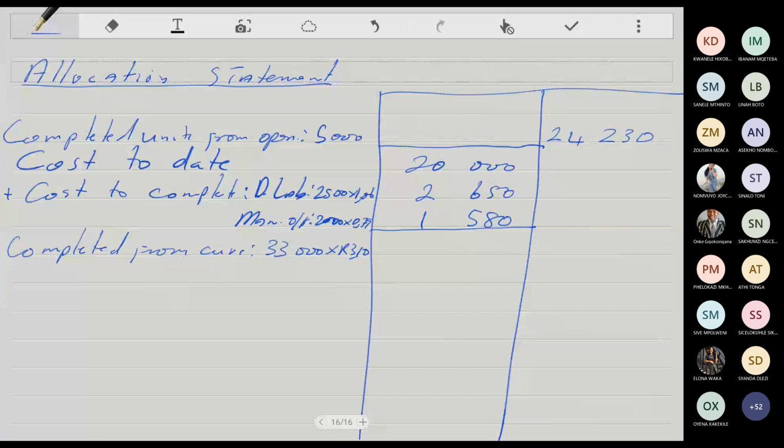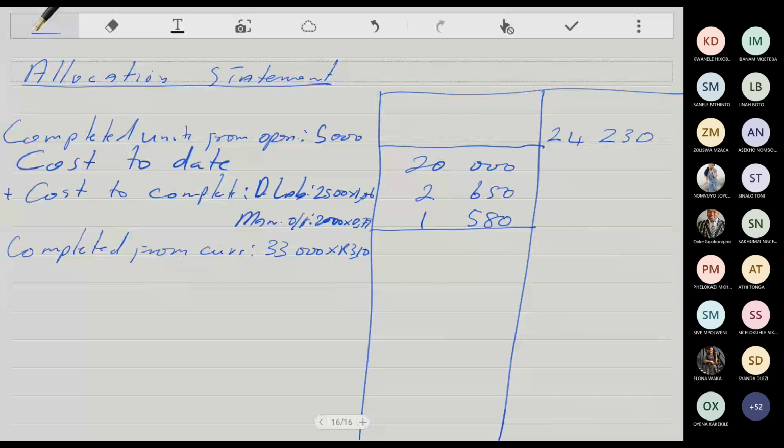Going again to the output column, the next and last units that we have, that is 7,000, which is your closing work in process. Then we take that closing work in process of 7,000 units, direct material, direct labor, and your manufacturing overheads.